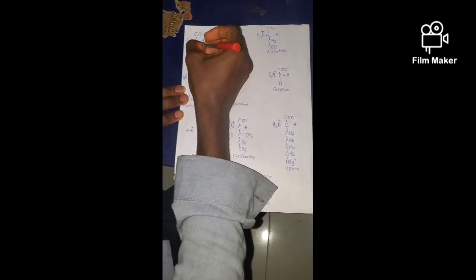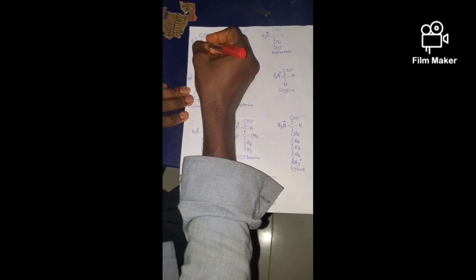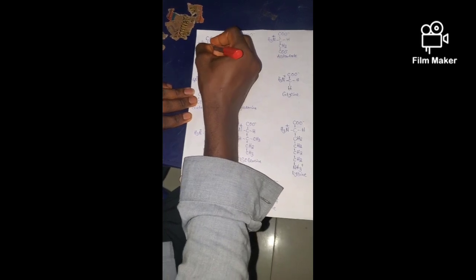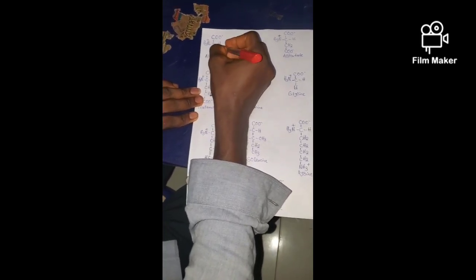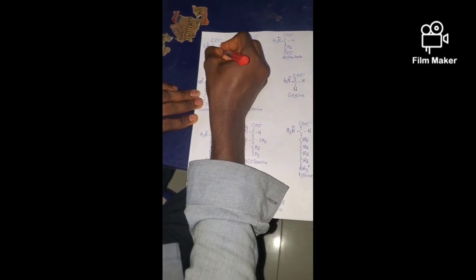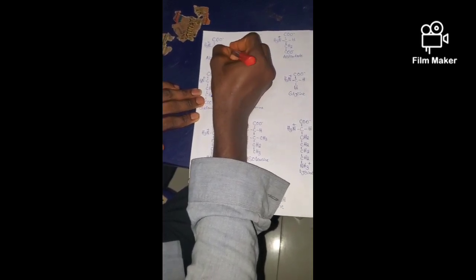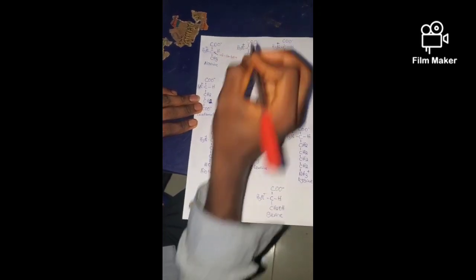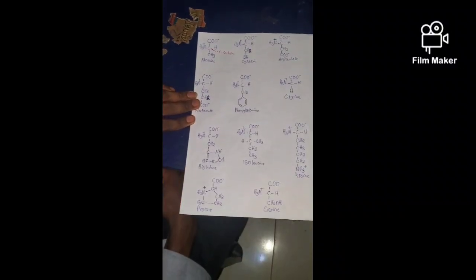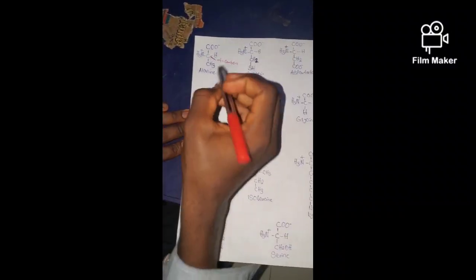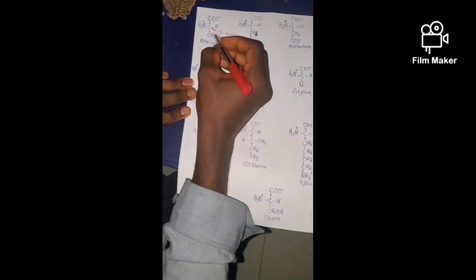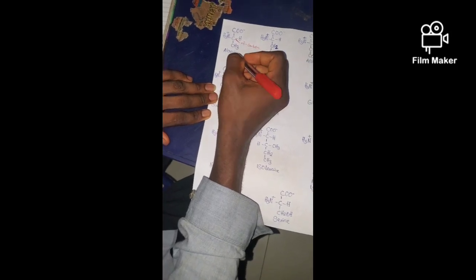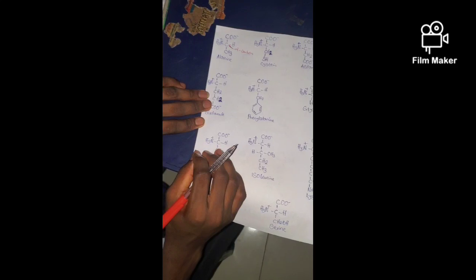Remember from the explanation in our last class, we said the second carbon atom here is known as what? The alpha carbon. We say it is the alpha carbon. Are you getting it? It is the alpha carbon. All right. So now, if we move to another carbon, it is going to become a beta carbon.